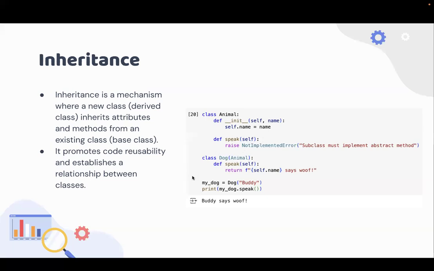Over here, we have another dog class which inherits from the animal class. This is how you inherit from a base class: you simply put it as a parameter into your new class definition. Over here, you can override the speak function. And if you initialize a variable using the dog class, it's basically printing out the method using the one in the class dog.